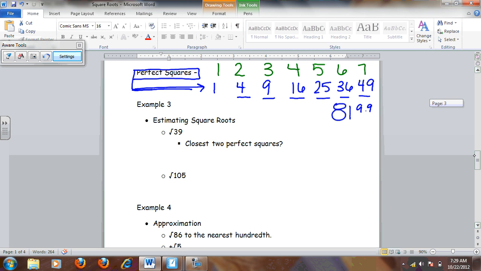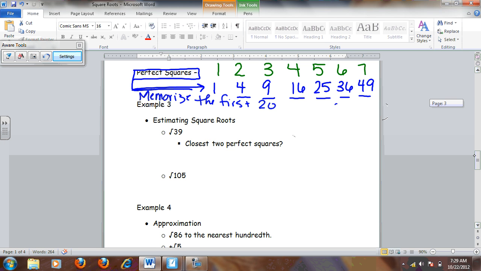It would be beneficial for you to memorize the first 20 perfect squares. Hopefully you already know the first 12, maybe even 13. All right, let's look at example 3.